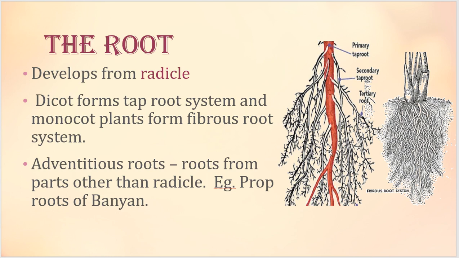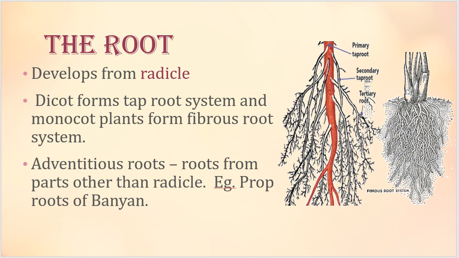It's very long-lived. As it is produced from the radicle, it's very strong, and it's long-lived in dicot plants. That's why you can see in dicot plants, tap root system will be available. Tap root system is the one which possesses a primary tap root. But what happened in monocot?